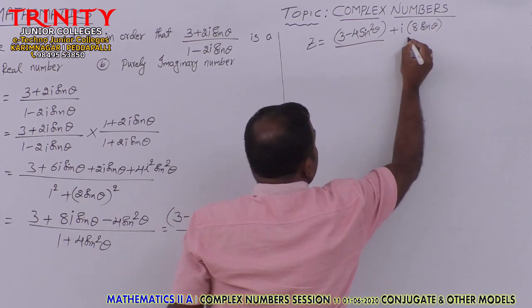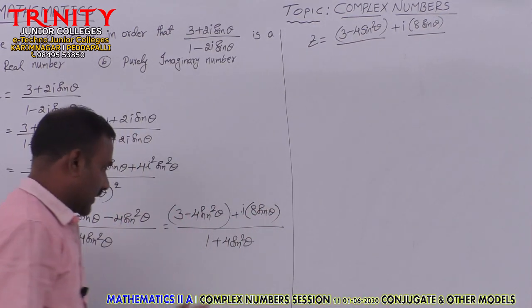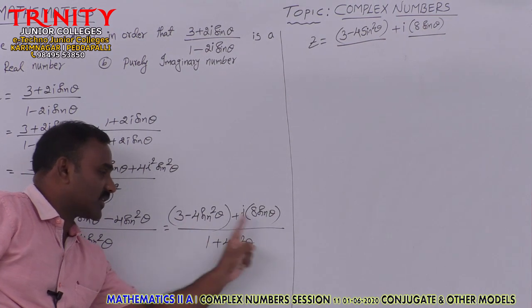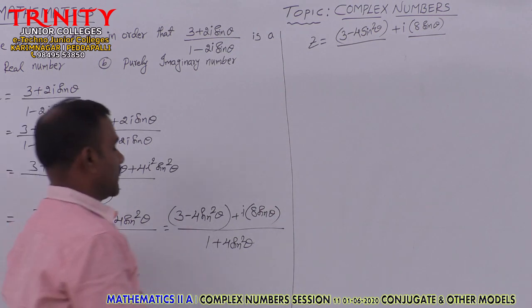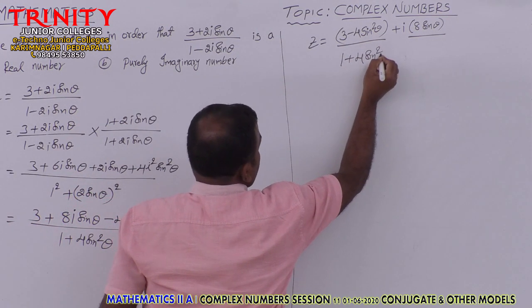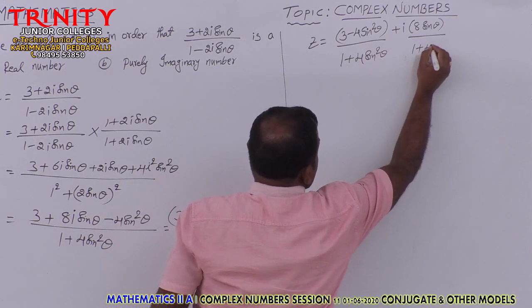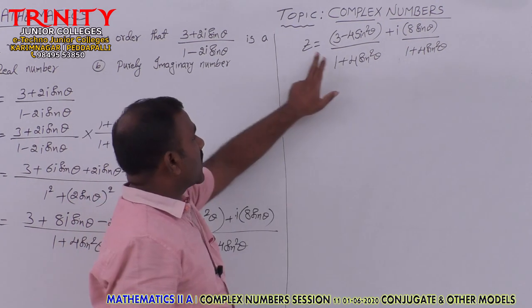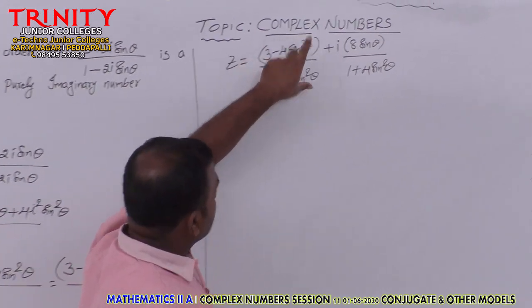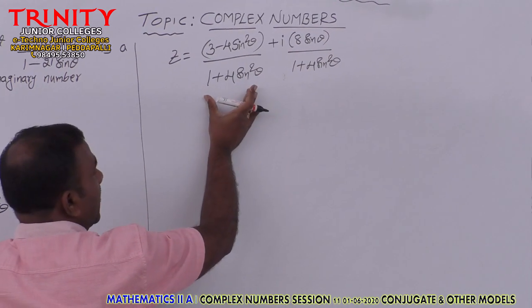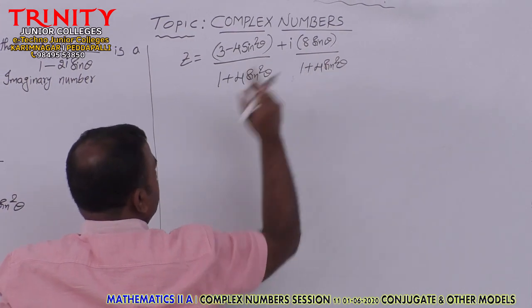The denominator part we are going to write individually for both the numerator parts. The denominator is 1 plus 4 sin square theta, 1 plus 4 sin square theta. Now it is in which form? z is equal to a plus ib. It is in the form of a plus ib.